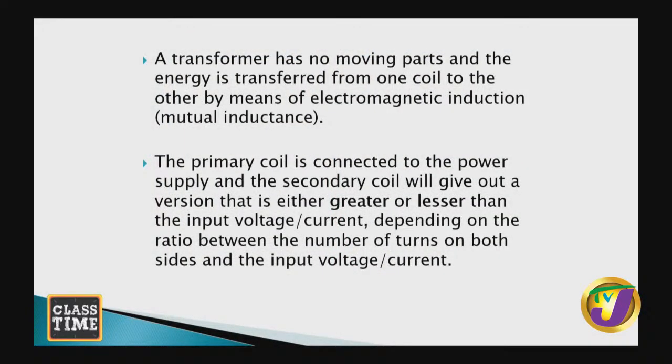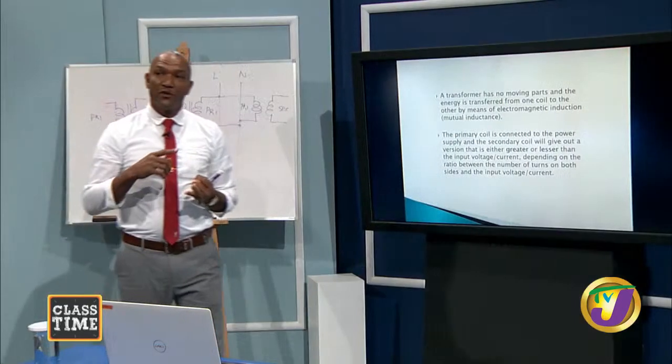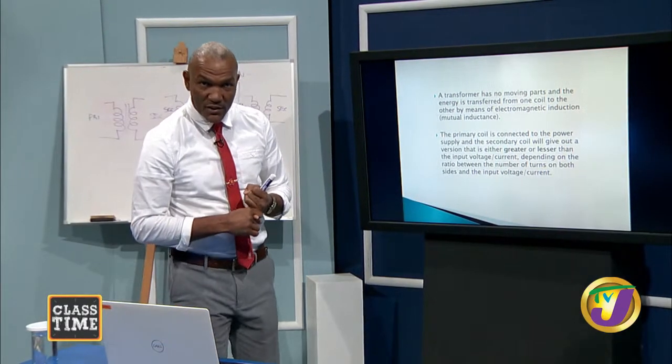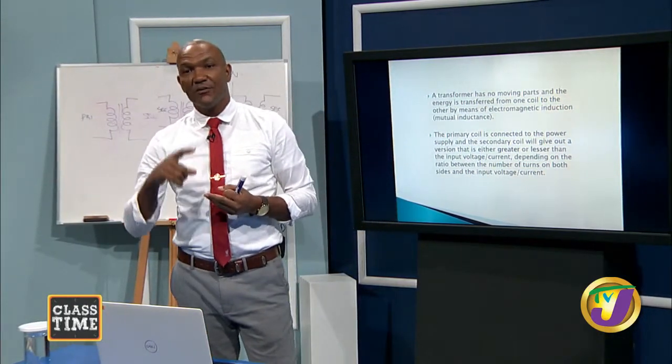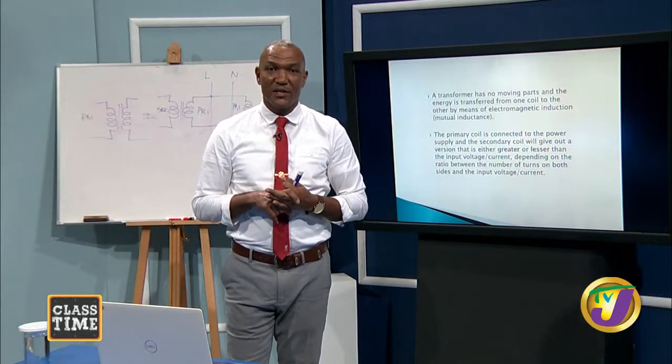The primary coil is connected to the power supply, and it will give out a voltage that is either less than or greater than the voltage that it is connected to. And this is dependent on a number of things: the number of turns in the primary coil, the number of turns in the secondary coil, and the voltage that it is connected to.